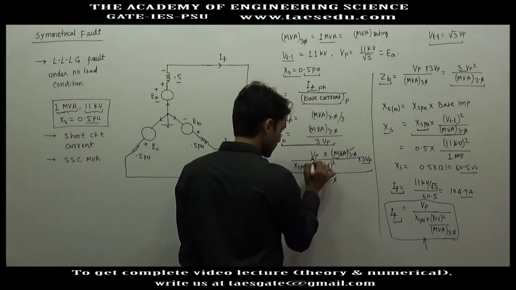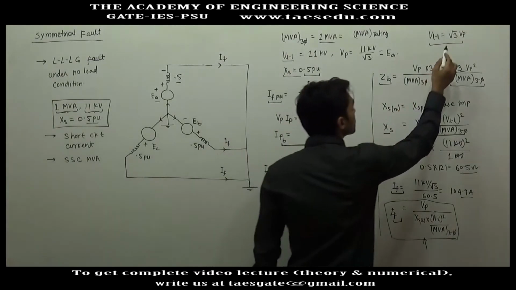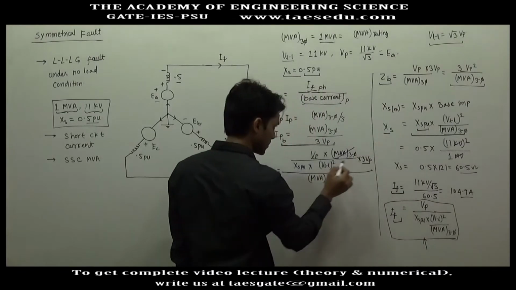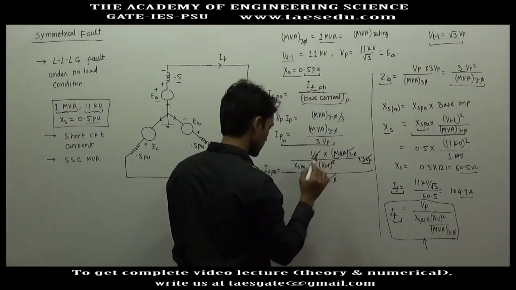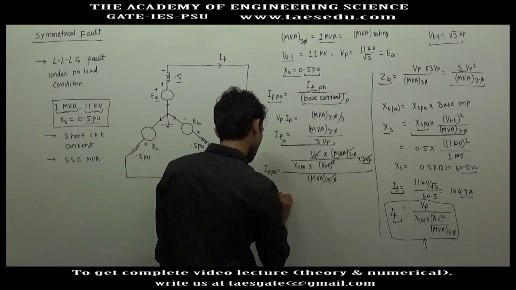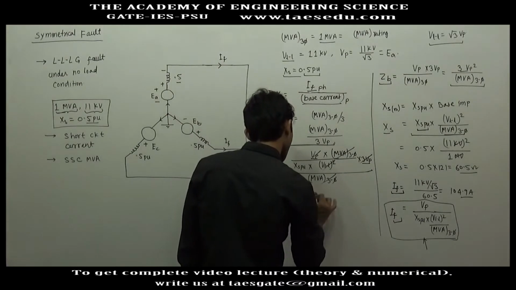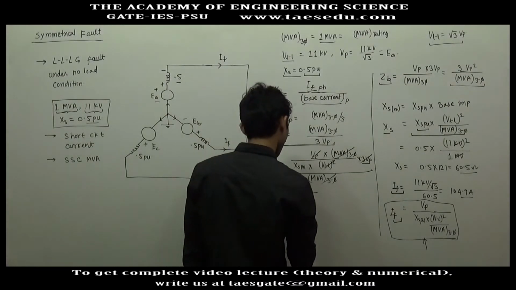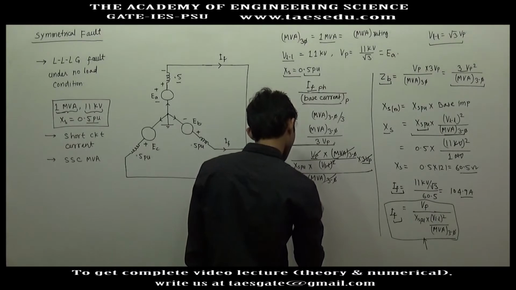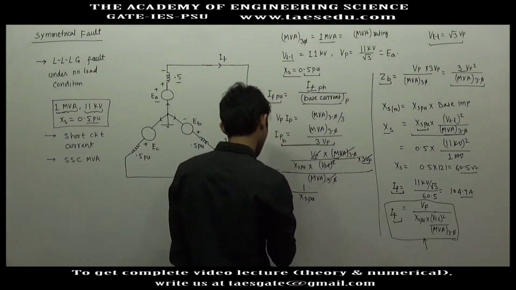Here you will have 3 Vp square, 3 Vp square will be equal to VLL square, VLL square is cancelled. So what you will get is a very simple expression for PU value of fault current, and this will be 1 divided by XS PU.